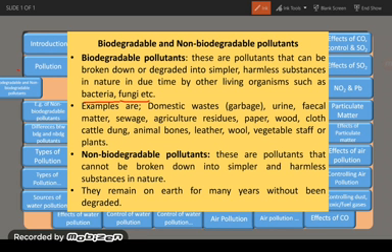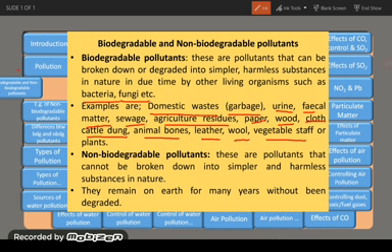Examples of such waste are domestic waste, which is garbage, urine as well, then our fecal matter, that is our feces, then sewage, agricultural residues such as crops from farmland, paper, wood, clothes, cattle dung, animal bones, leather, wool, and vegetable stuff, or plants.